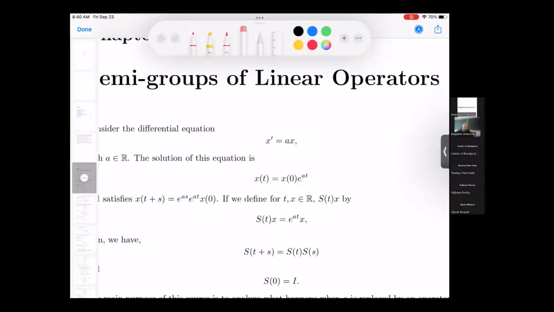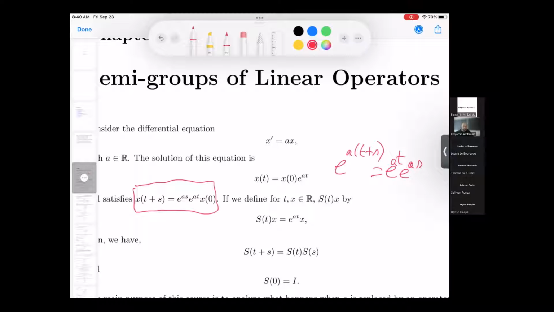So here, this comes from the fact that exponential of a times (t plus s) equals exponential of at times exponential of as. Right?